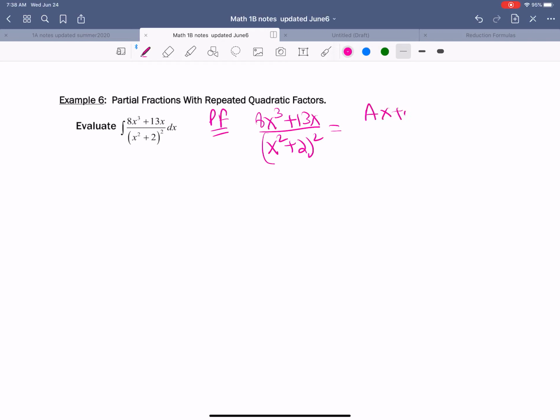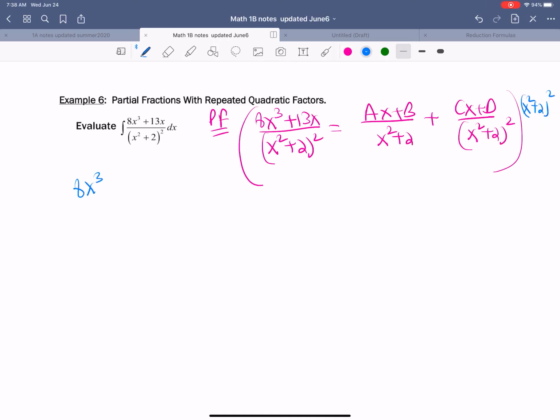So ax plus b, because we have a quadratic factor, plus cx plus d because it's repeating. Okay, ax plus b plus cx plus d. Now go ahead and multiply both sides by the denominator, which is x squared plus 2 to the second power.